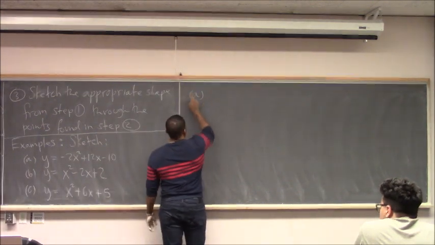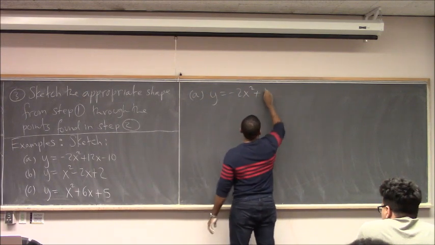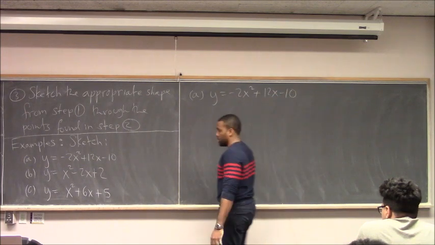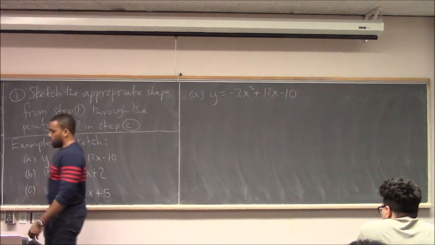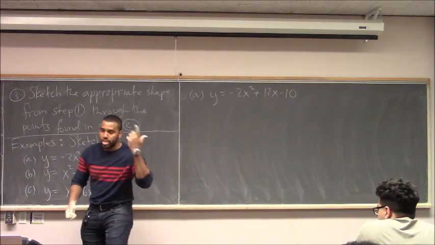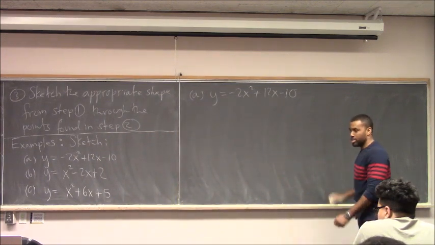Okay, A. So the goal here is to sketch this function. So the first step I'm going to write in a different color because it's not necessarily something you would write down. Although you can do something to remind yourself, just do it to the side.